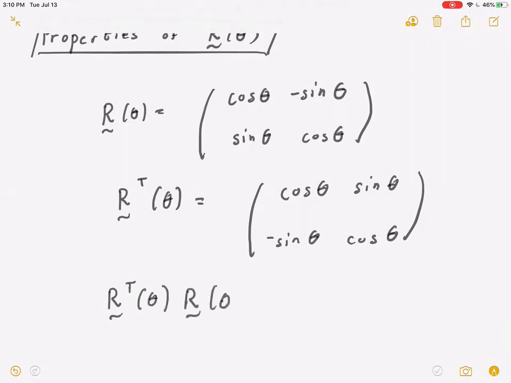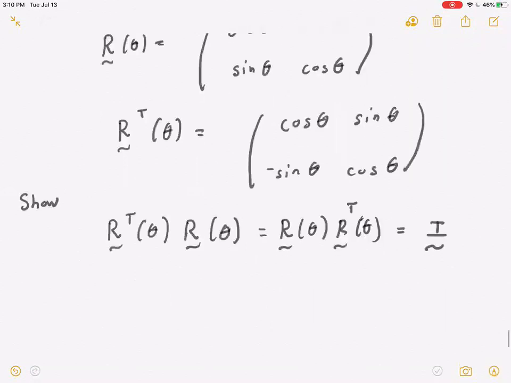If you multiply the rotation matrix by its transpose in any order you want, you can show that the result will be the identity matrix. And again, I leave this to you as an exercise in problem set 9, which will be available at the regular place on the web tomorrow.